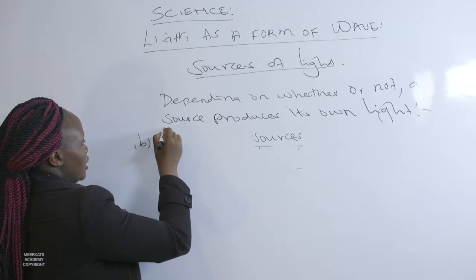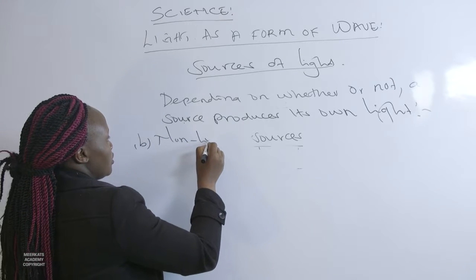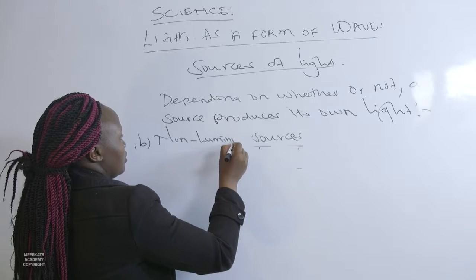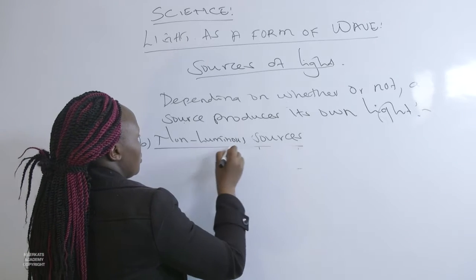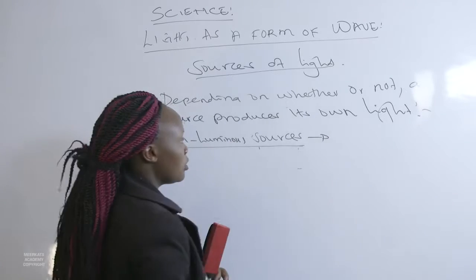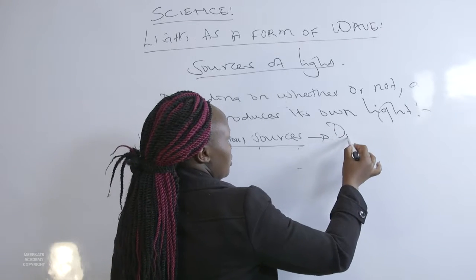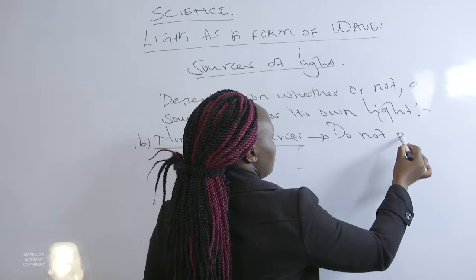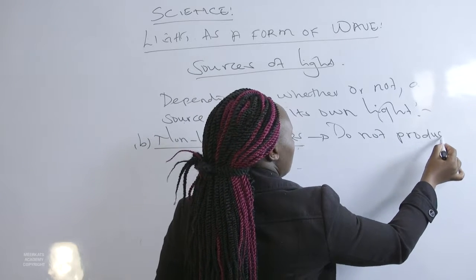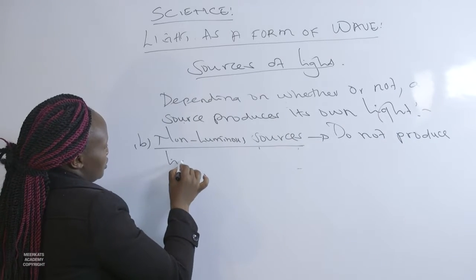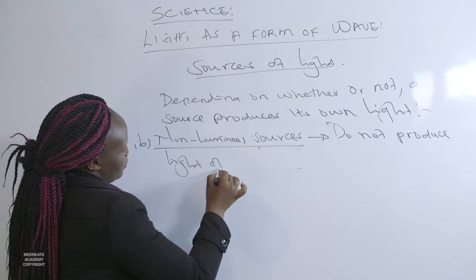We could also have another class of sources of light, which we will call non-luminous. And these ones do not produce light of their own.